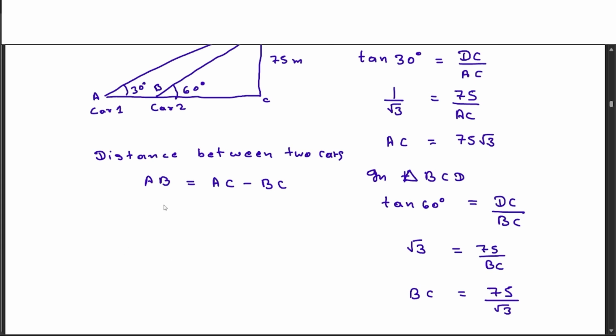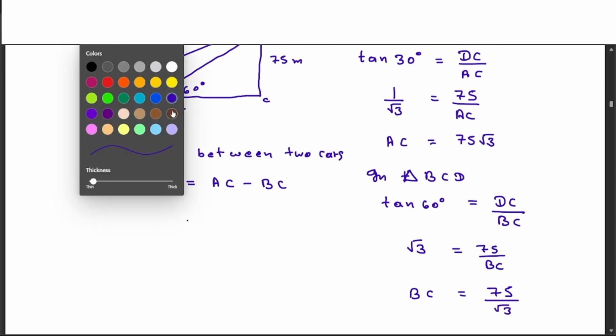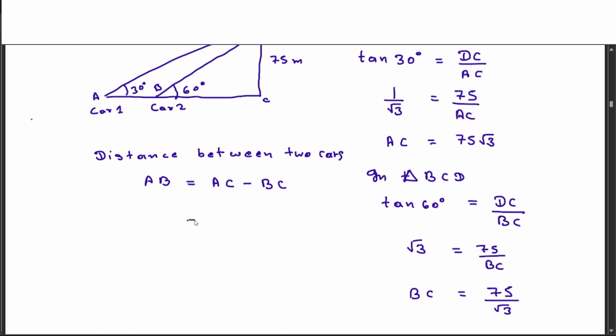Now, based on that, we can substitute here value. So you can substitute here value simple. So AC you already know. AC is 75 root 3, and BC you have got 75 over root 3. Okay. So now you can take the LCM. So LCM you will get how much? Root 3.